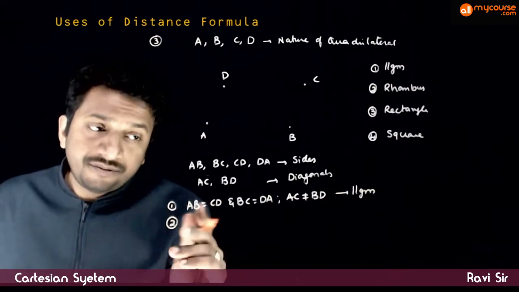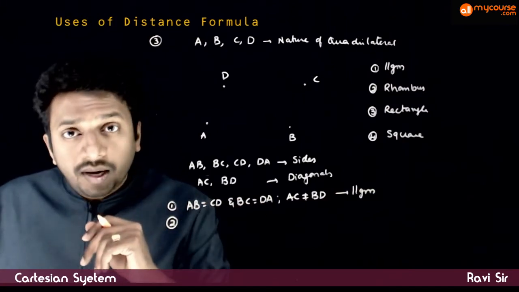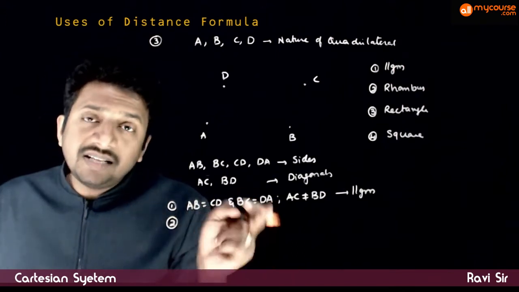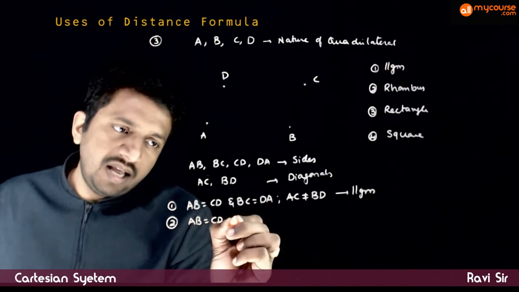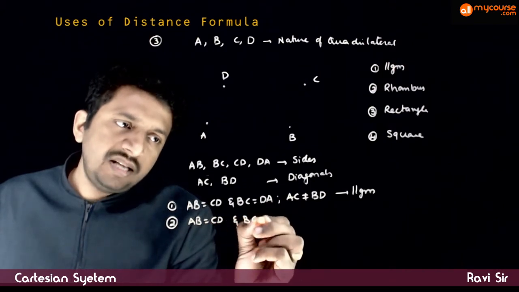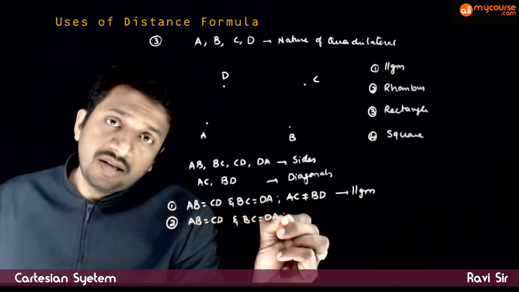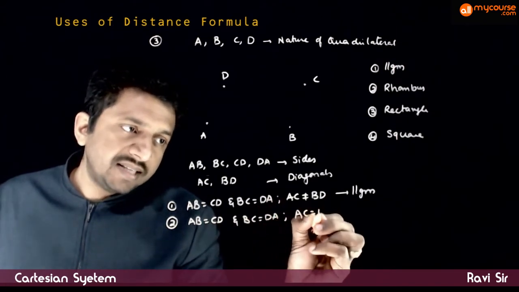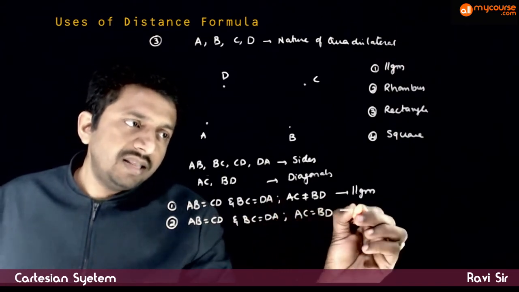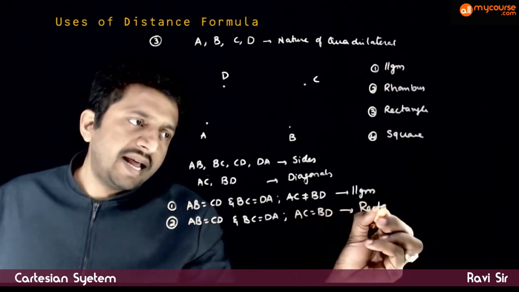Next, if opposite sides are equal, AB equal to CD and BC equal to DA, and the diagonals are also equal, then the figure becomes a rectangle.